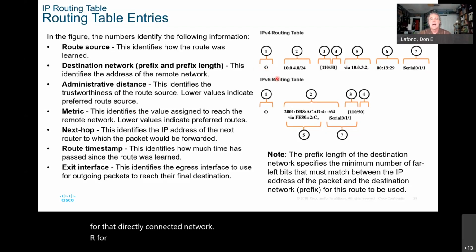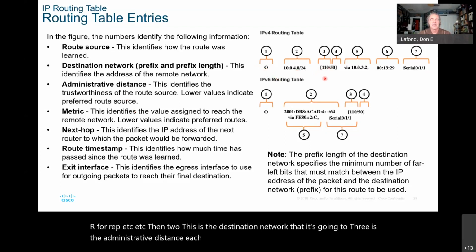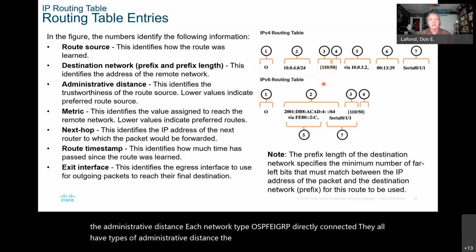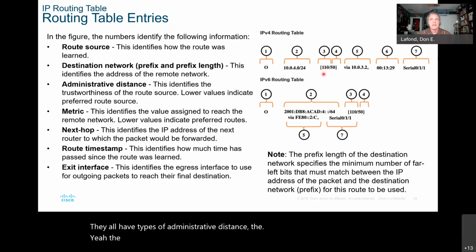Then two, this is the destination network that it's going to. Three is the administrative distance. Each network type, OSPF, RIP, EIGRP, directly connected, they all have types of administrative distance, how it was learned.